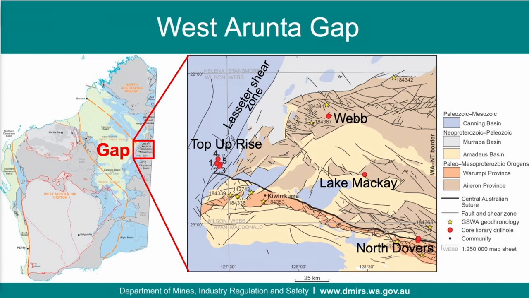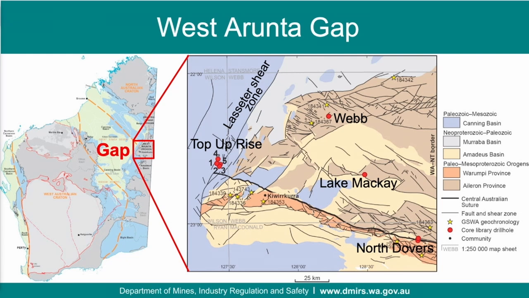On the very eastern edge of the gap, we have the western Arunta region, which Aaron nicely explained to you already. It's comprised of two Paleoproterozoic terrains, separated by this giant craton-scale feature, separating North from South Australia.